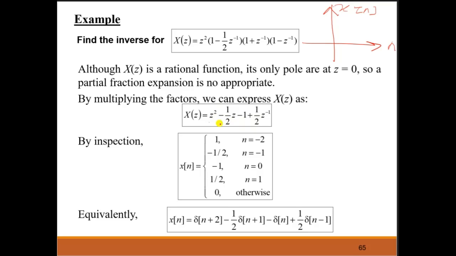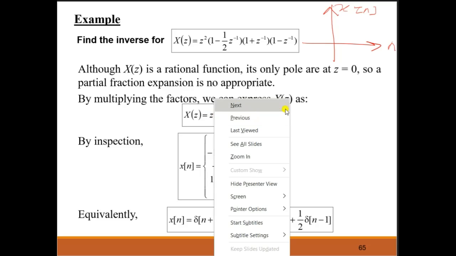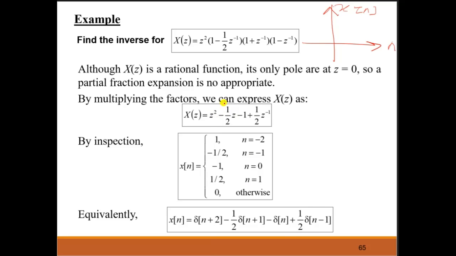Alright, so if we want to know the location of the coefficient, we look at the delay. So when we look at the delay, this is 2, so it means its n is negative 2. This is 1, so its n is negative 1. This is 0, because remember z to the power 0 gives you 1. So z to the power 0, n is 0, and z to the power negative 1 means that n is 1.